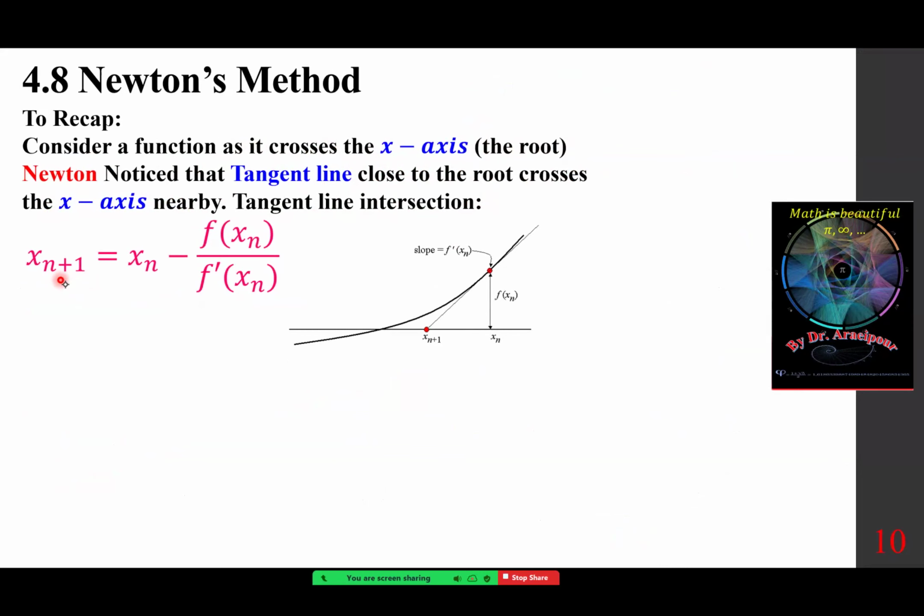Okay, so here's the graph or the curve. Some point x sub n. You draw a tangent line. This is what you're looking for, the root of the function. This is what it gives you, which is not the root of the function, but it's close. That's the idea.